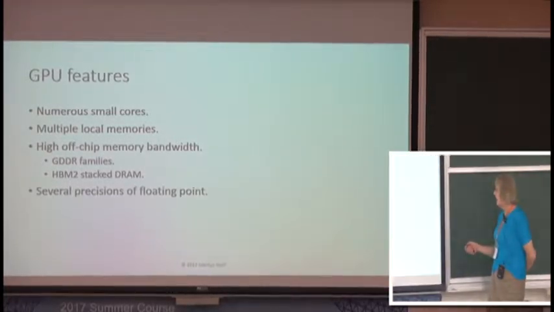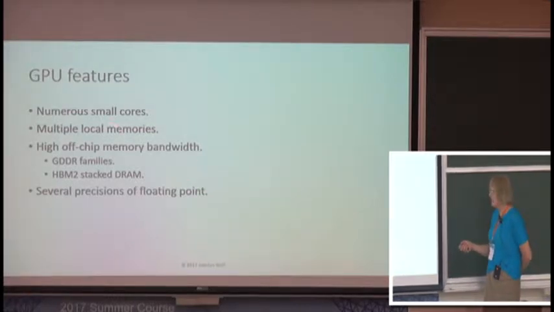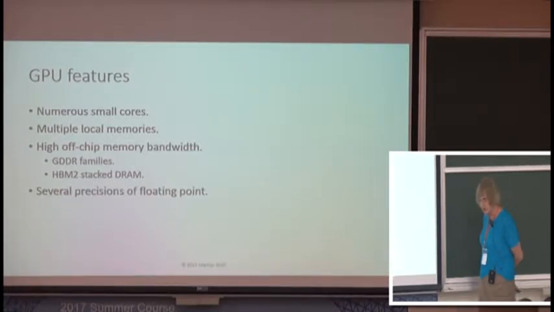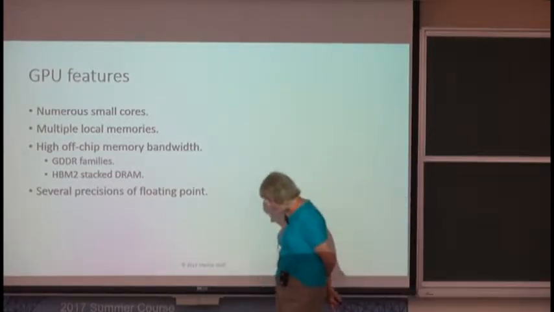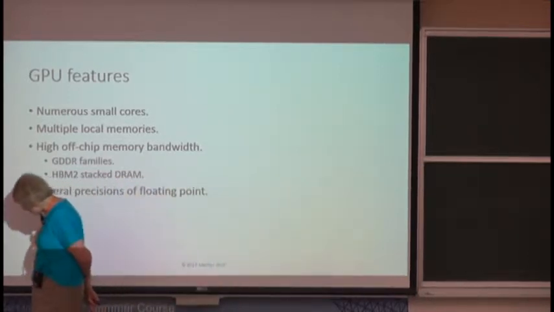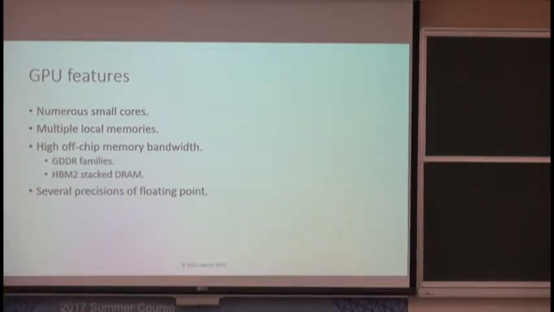So the GPU has a lot of cores that are very small compared to what you would see in an ARM processor, but they're big enough to do useful operations. And the fact that you have a lot of them means that you can take advantage of the embarrassing levels of parallelism that exist in a lot of problems.